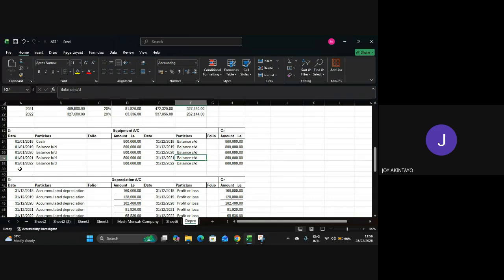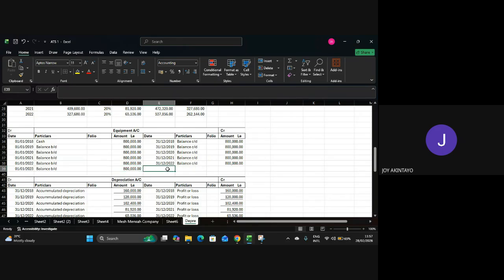As at 1/1/2023, we will have a balance brought down, yes or no? It will still be 800,000 naira. So we now transfer this to the equipment disposal account.